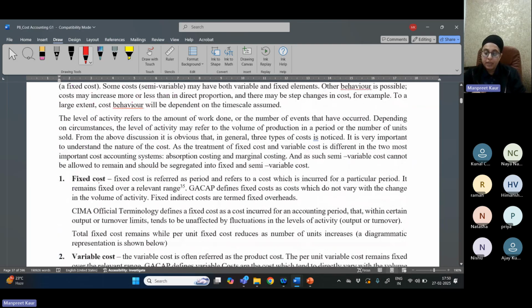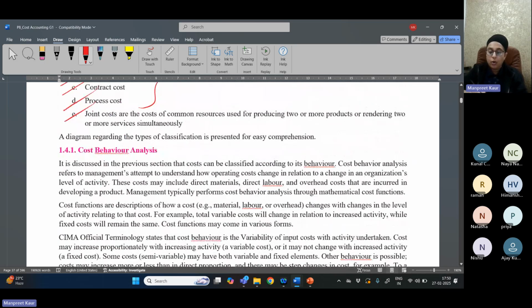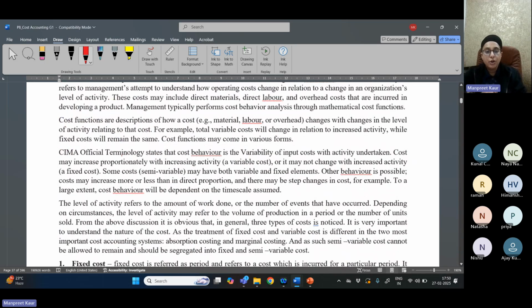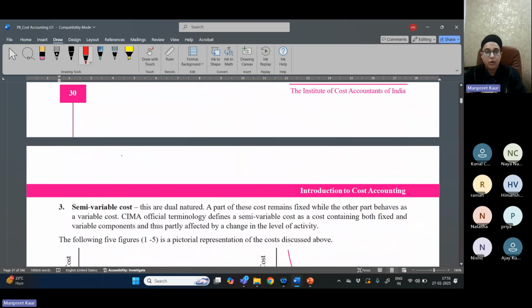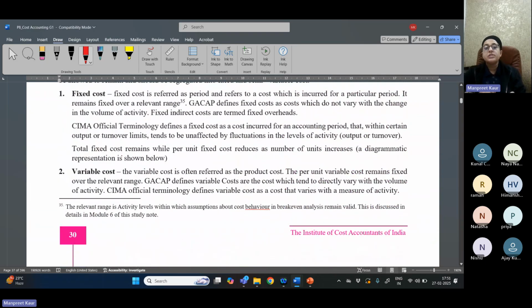If we say cost behavioral analysis on the basis of fixed cost, variable cost, and semi-variable cost, we can say what a fixed cost means. Fixed cost is that cost which remains constant even if the number of units increases or decreases. It does not depend upon the number of units.